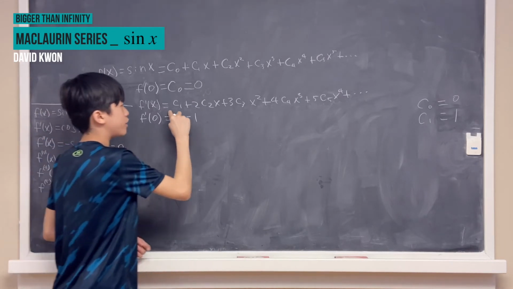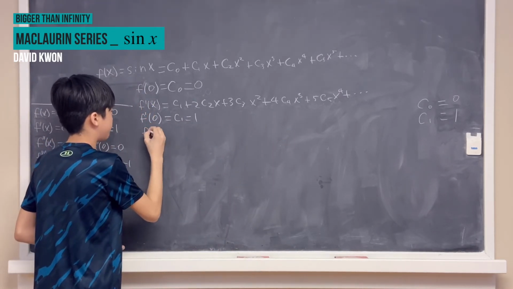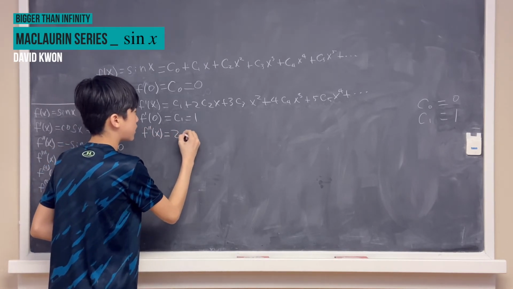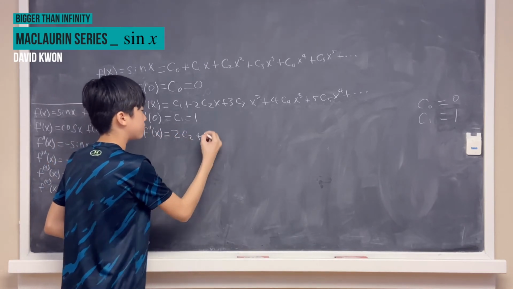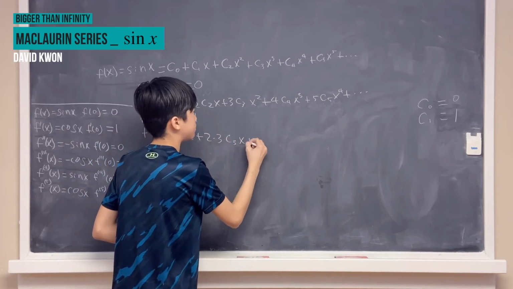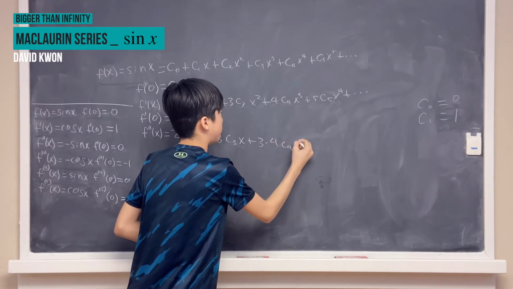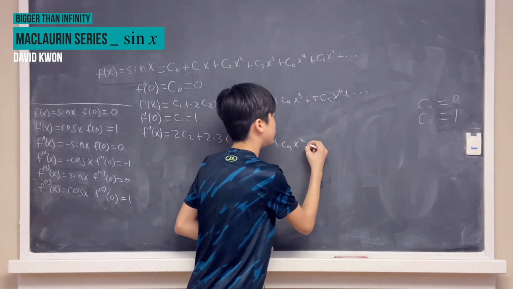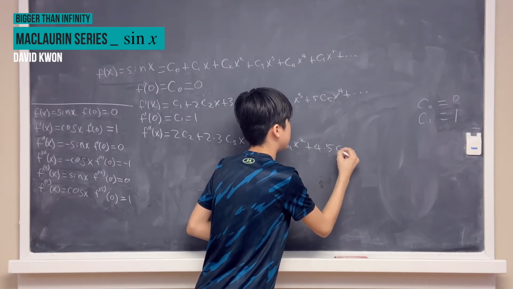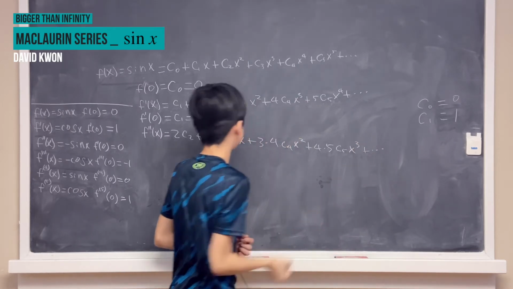We will now differentiate this function. So we have f double prime x is equal to 2 times c sub 2 plus 2 times 3 times c sub 3 times x plus 3 times 4 times c sub 4 times x to the power of 2 plus 4 times 5 times c sub 5 times x to the power of 3 plus dot dot dot.